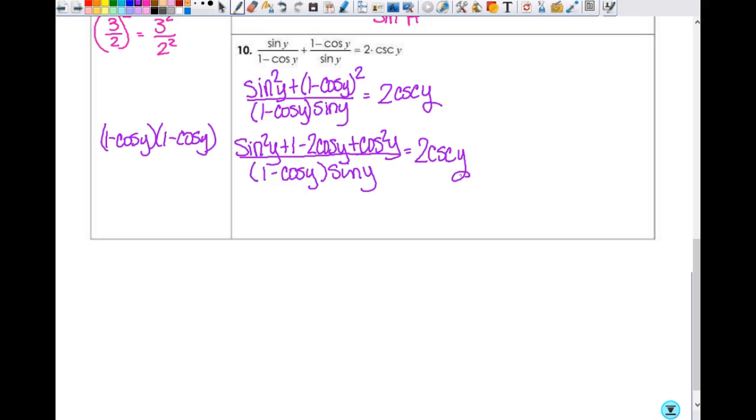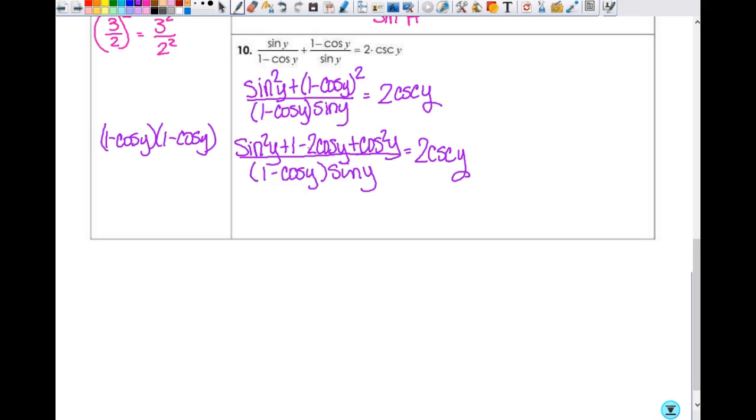Everybody with me so far? All right. Where did I lose you? Okay. So look at the numerator. Is there anything that you see in the numerator that might have something we could substitute for? Well, first of all, can I cancel these things out here? There's nothing I can cancel at this point.